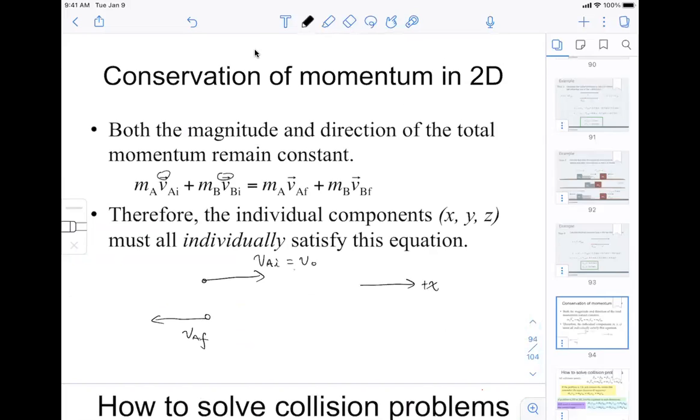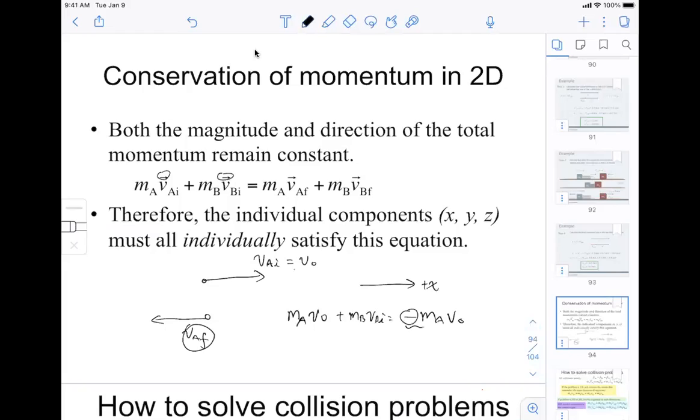How we take care of this in 1 dimension is simply: MA V naught initial plus MB VB initial equals MA VA final. This VA final has flipped direction, so we're simply going to add a negative sign. We say negative MA V naught, right? So the vector sign becomes a negative sign when you do 1D.